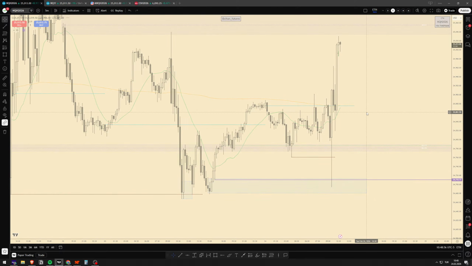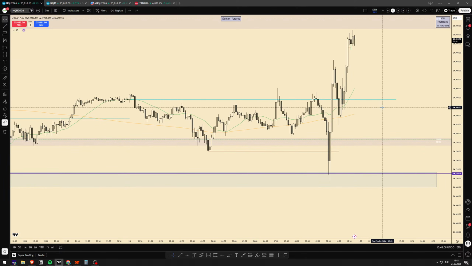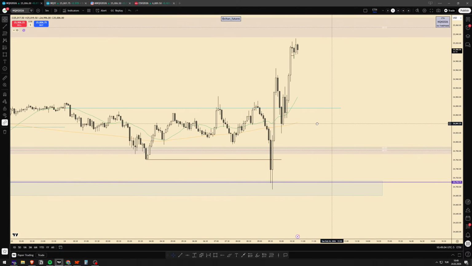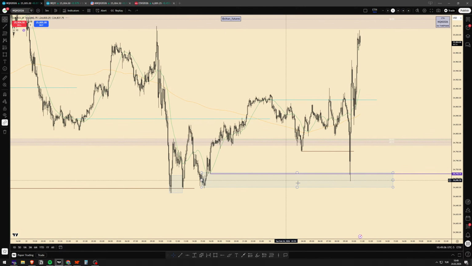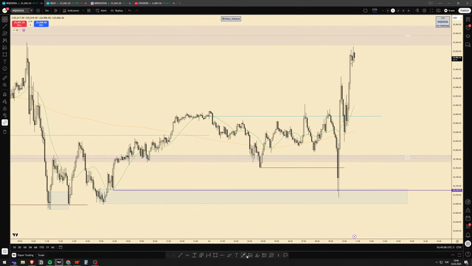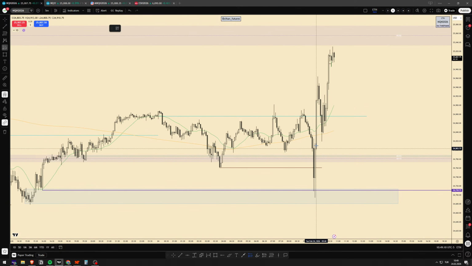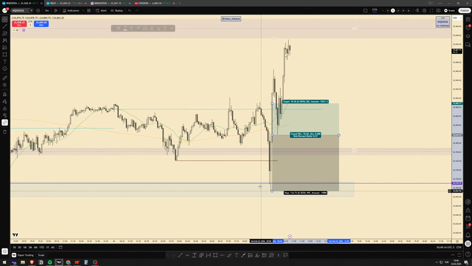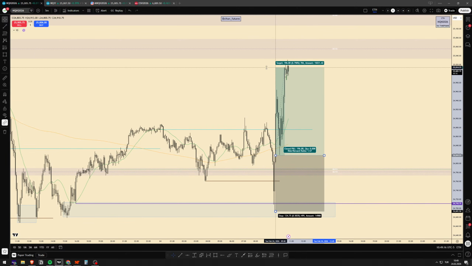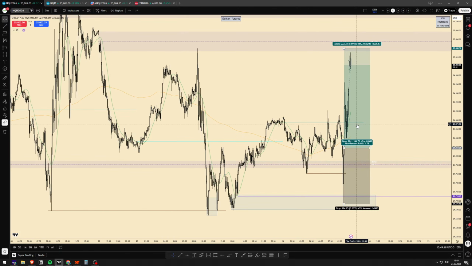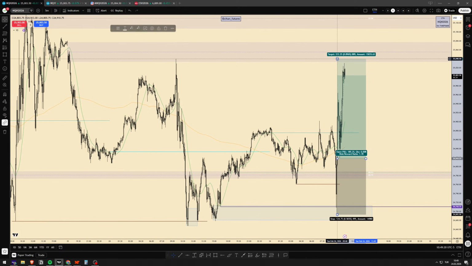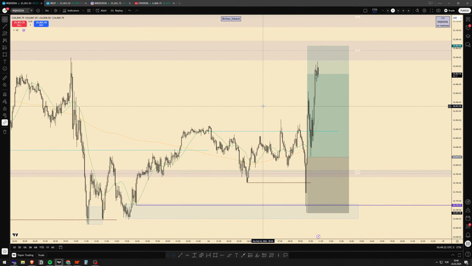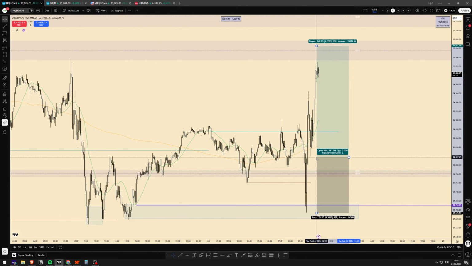So we wanted to get a lower time frame confirmation after we saw all of this. We mentioned this trade idea on the 5-minute chart, long from this high, but then we said I don't trade on 5-minute charts.